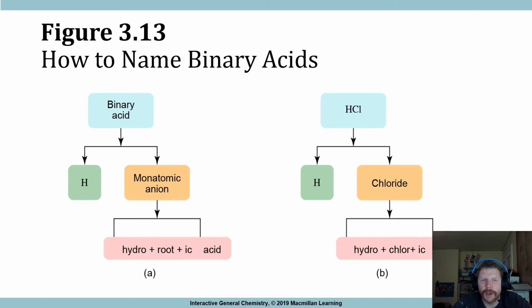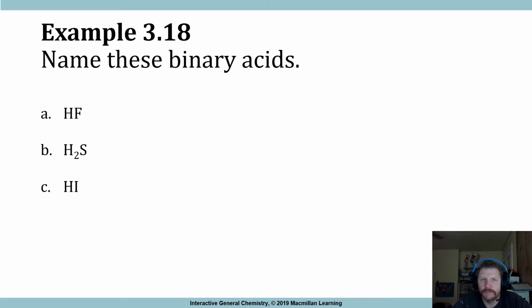Okay, how to name binary acids. Hydrogen, your monatomic anion, and hydro root ic acid. Hydrochloric acid. I just did that one. Okay, name these binary acids. We've got that same system. Hydro. Now F is our root. Fluoric acid.